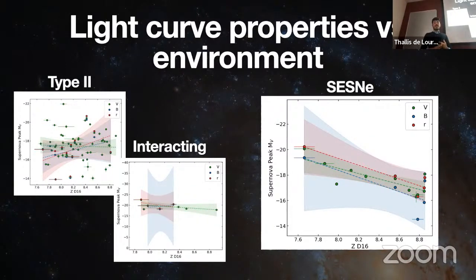We didn't find any strong correlation. There's only a weak indication of a correlation for stripped envelope events, where we see that the peak kind of anti-correlates with metallicity. But again, there are only a few events to be analyzed here, so we cannot conclude anything very strongly.